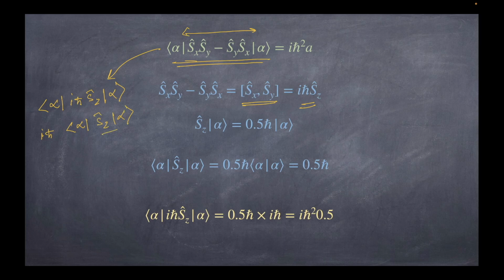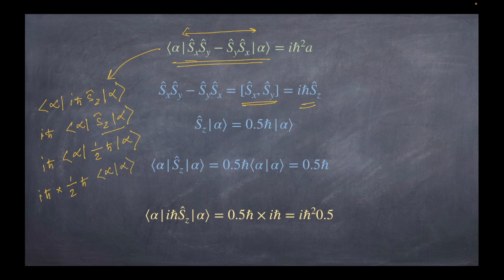Now just focus on this part. The Sz operator is operating on alpha, the spin up eigenfunction, so we will get half times h bar times alpha. So i h bar, alpha, half times h bar times alpha. Again the half h bar is a constant, so we can write it outside: i h bar times half h bar, alpha alpha.